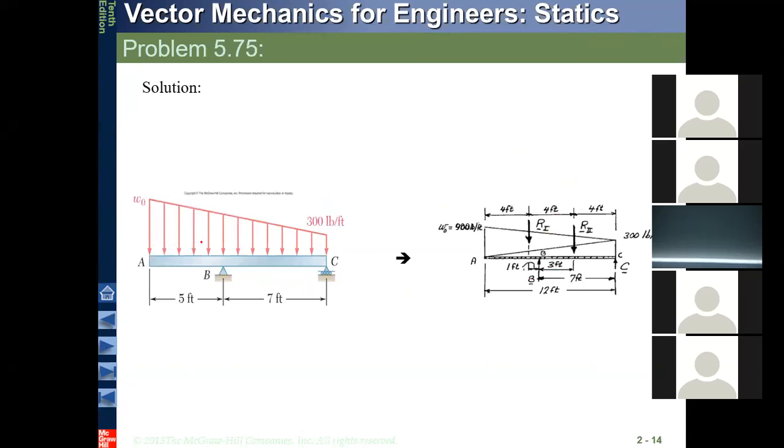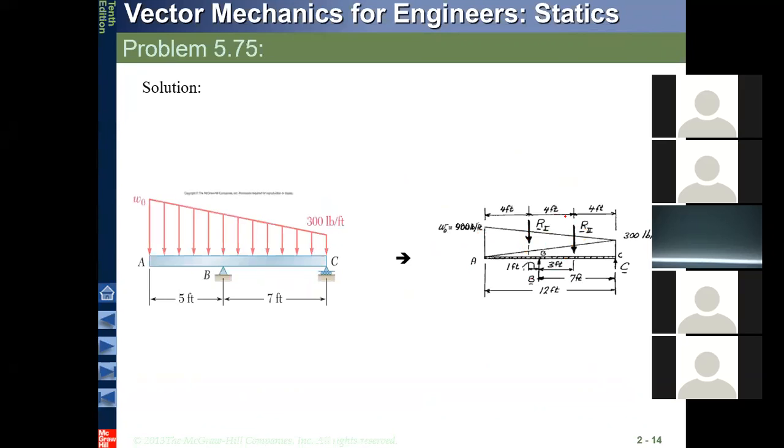So, again, you can calculate the first moment of this distributed load and find the resultant force and the distance of that resultant force from your point of interest. But again, you can actually divide these distributed force to two triangular distributed loads, and then refer to the table, and then calculate the distances of the resultant of these two distributed forces.